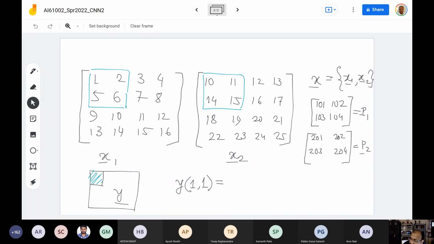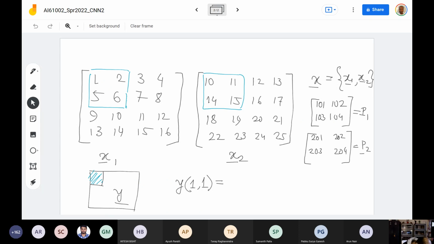What will be the value over there? Can somebody tell me? What will be the value at y1 comma 1? Uh, 204. So how will you derive it?